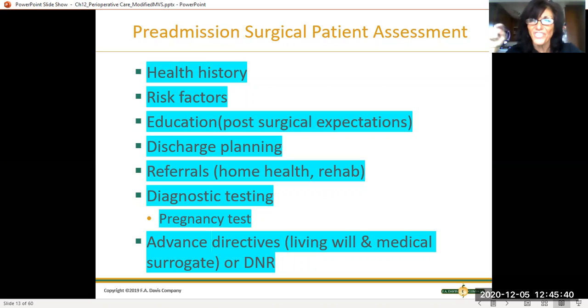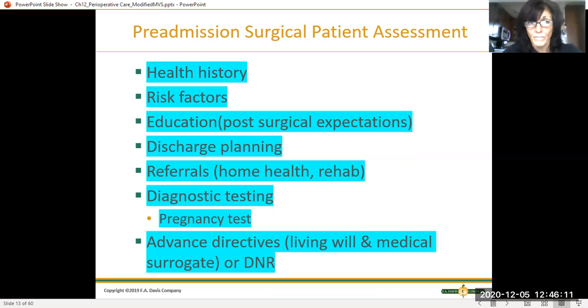All those things are synonymous with you pick somebody to be your voice if you can't speak for yourself. Right? You're naming someone. Like if I can't speak for myself, I want my child to be the spokesperson because they know what I want and what I don't want. And it's important for people to have had these conversations. And I know for some people they're hard conversations, but dying is part of living. And it's something that we do have to become more comfortable talking about.